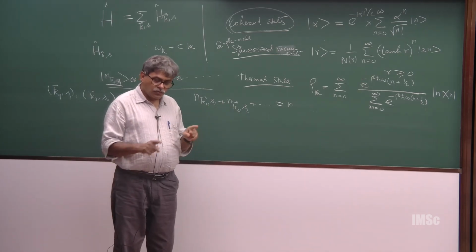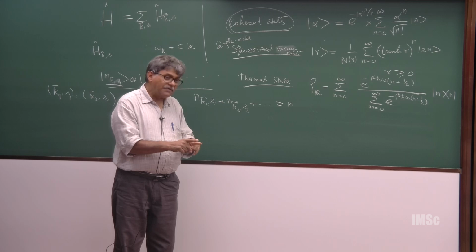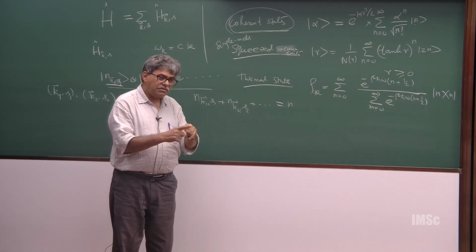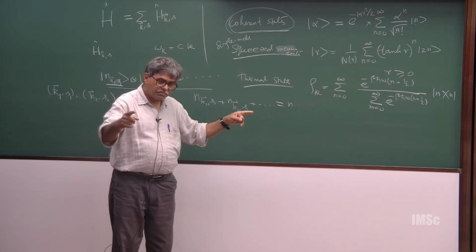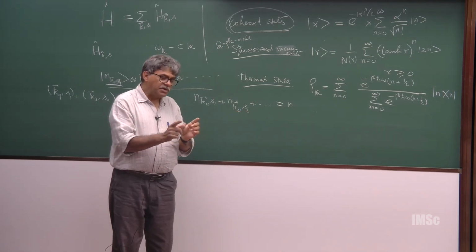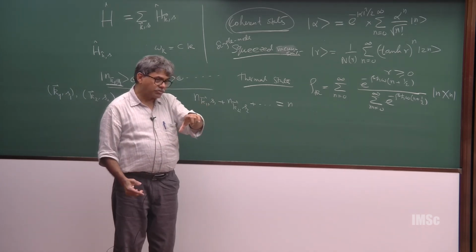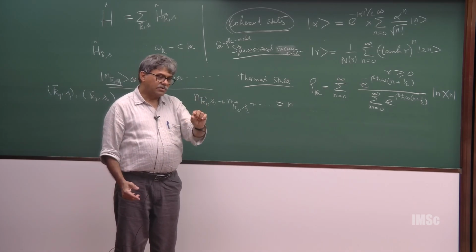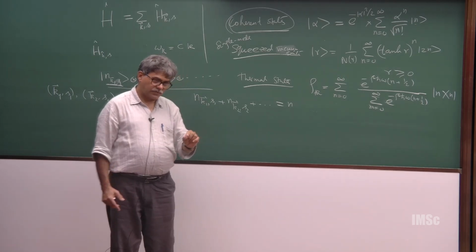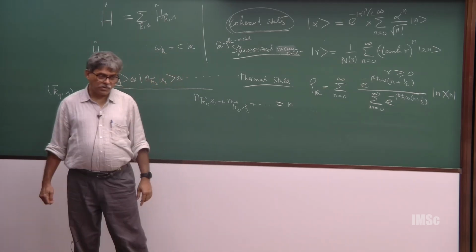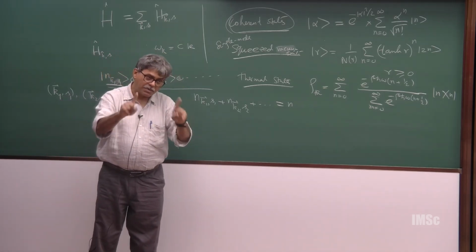Squeezing means one uncertainty, maybe in the position or in the momentum, can be enlarged a lot, but at the cost of reducing the uncertainty in the canonically conjugate variable, like momentum, to be very, very small. That is what squeezing means, but the product will again remain minimum.